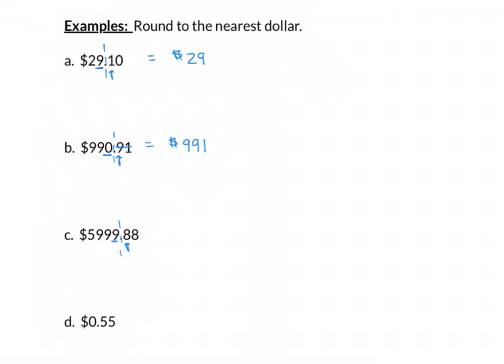The 8 tells me to round up. And so this one is kind of tricky. We actually want to add 1 onto the whole number. If we add 1 onto 5,999, we get 6,000. So remember, you have to go over until you can actually add 1 onto it.